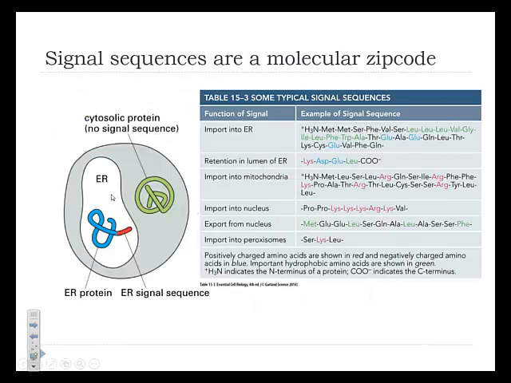And what really helps are the signal sequences, which you can think of as a short sequence of amino acids at the end of a protein that are recognized by chaperone proteins or channels that help them to get across membranes or into the nucleus or out of the nucleus.